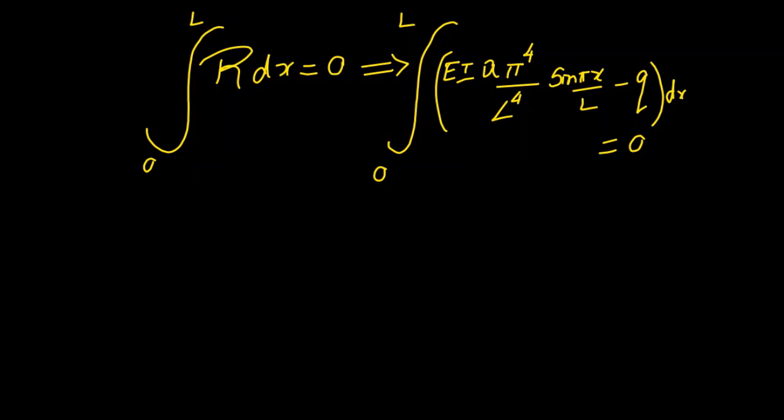So with respect to x, it is EI. I will take this a, put it first, a into EI into pi raised to the power 4 over L raised to the power 4.